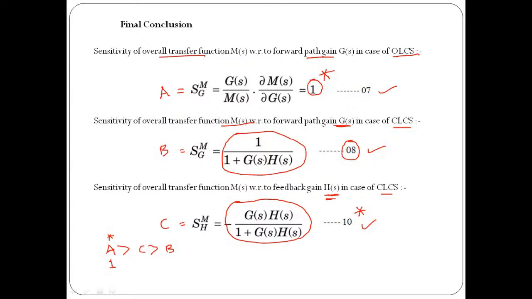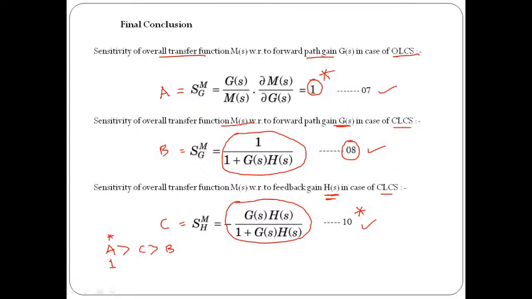Now from this point onwards, if you are dealing with sensitivity, you must have this particular sense of what will happen if you change the value of a system parameter, maybe forward path gain or maybe feedback path gain. In case of open loop, we have only one path, that's why we need to deal with forward path gain only.